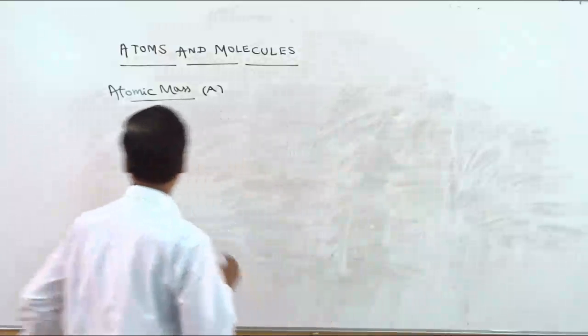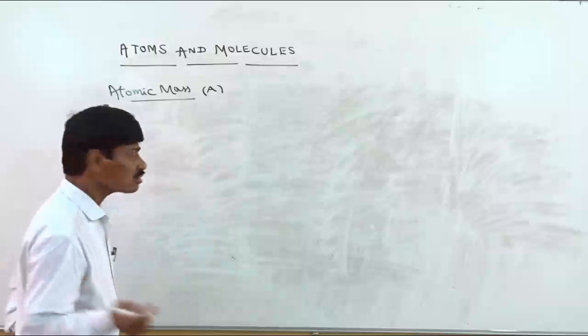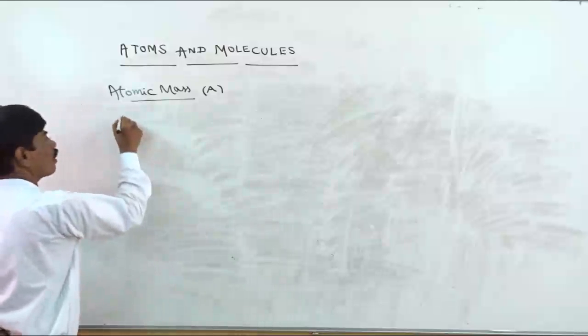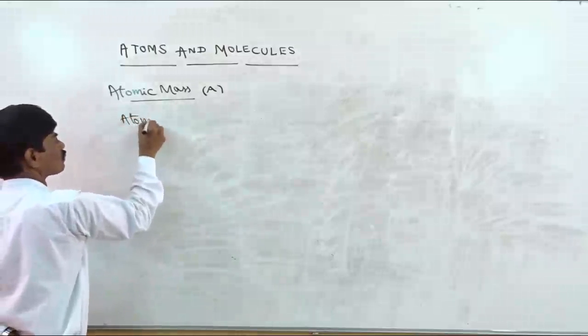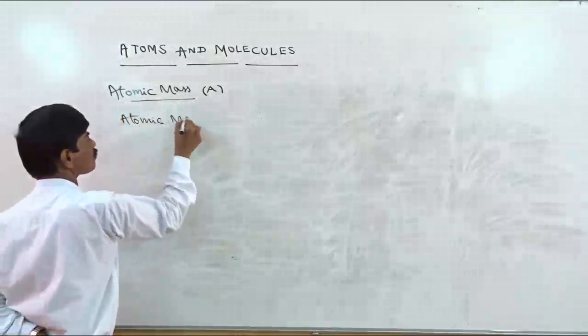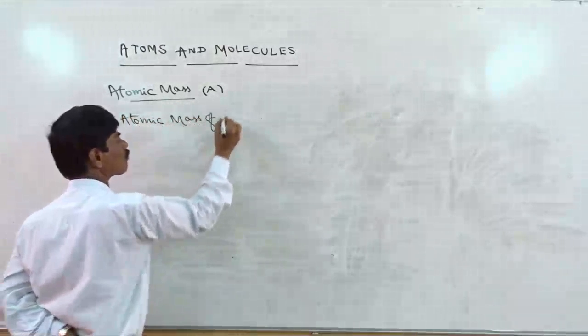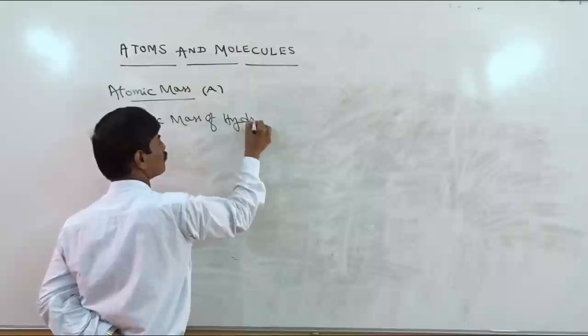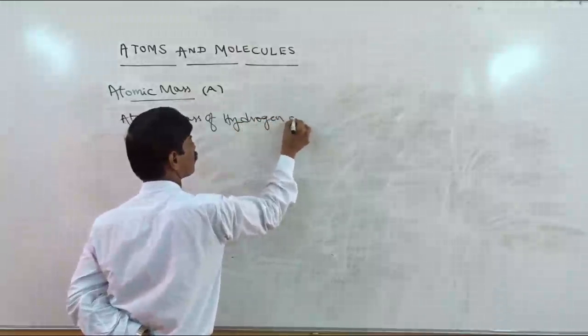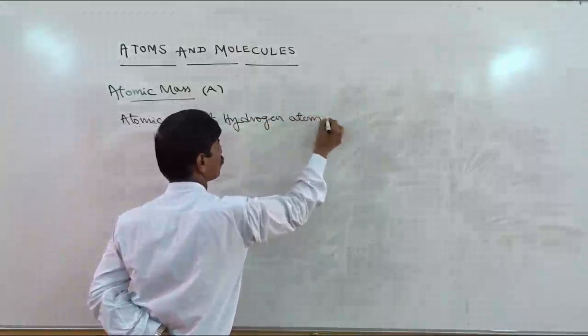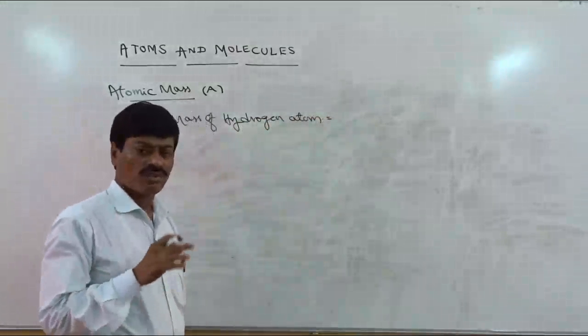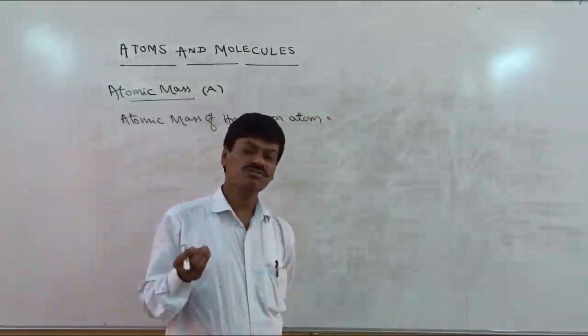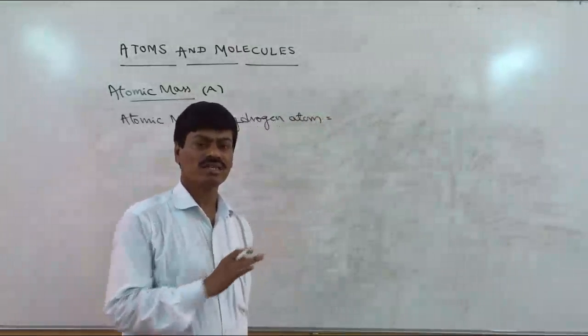So if I want to calculate the atomic mass of a hydrogen atom, the atomic mass of hydrogen atom is equal to 1 by 12 into 12, which is equal to 1. So that we can avoid.